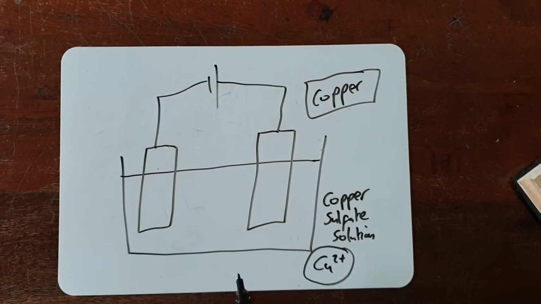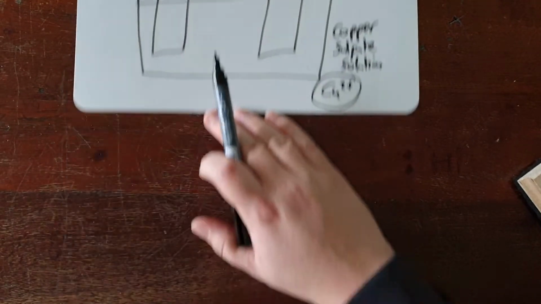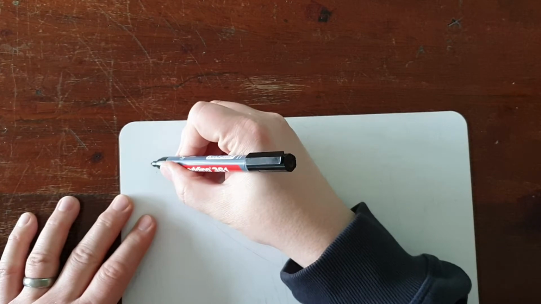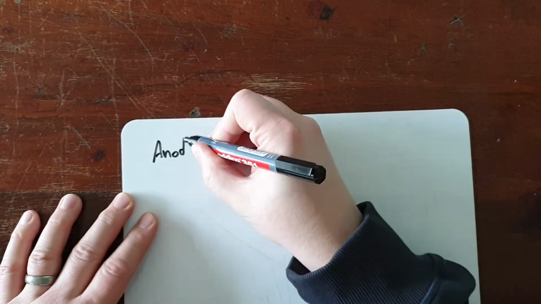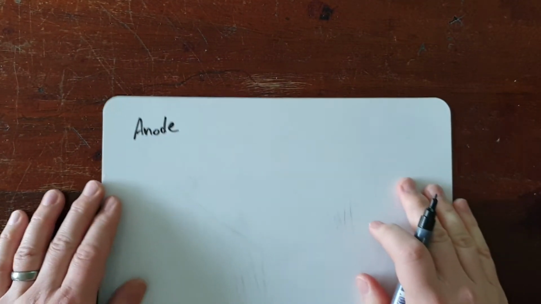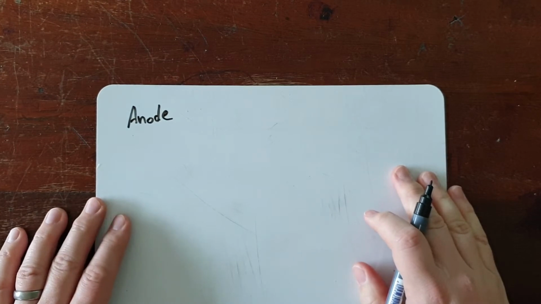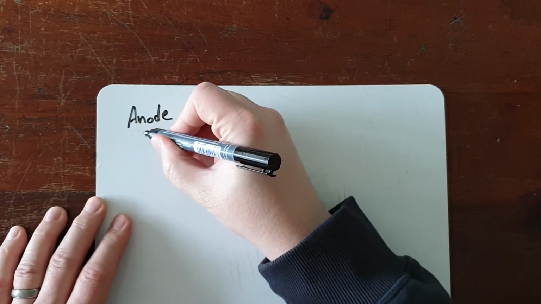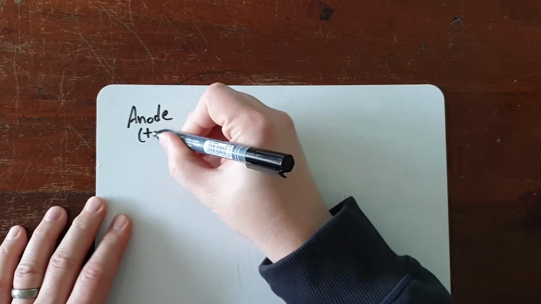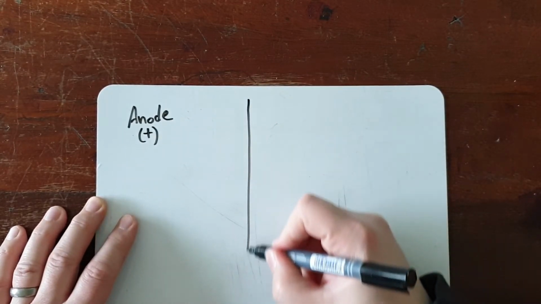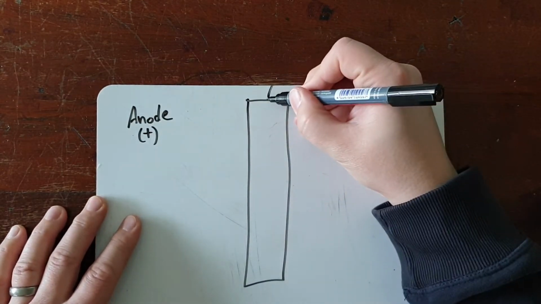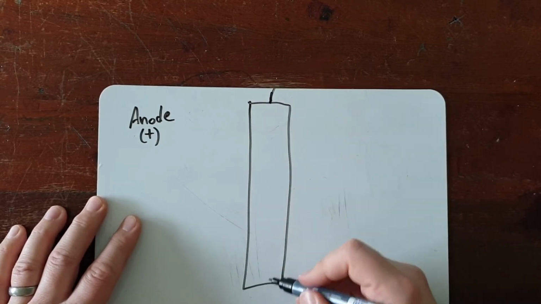Right, so I'm just going to focus in on one of these electrodes. I'm going to focus in on the anode for a second. I know this is only half of it, but I'm just going to look at what is actually happening at the anode. If you remember, the anode is the positive electrode. So here's the anode, here's the wire coming off the top of it. This is made of copper.